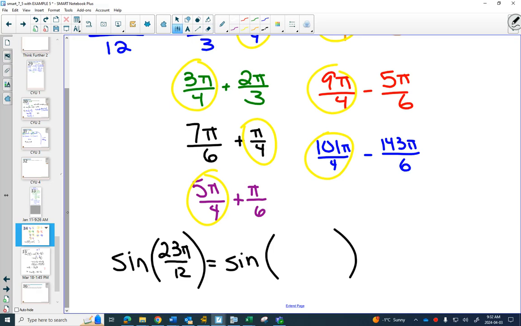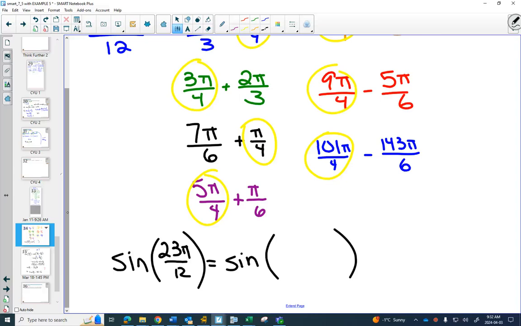So if I had 23 pi over 12, sometimes I tell students, try to pick a pi over 4 that's close to 23. Which one do you want to try? Pi over 4, 3 pi over 4, 5 pi over 4, 7 pi over 4. Pick one. And it doesn't matter. All of them are going to work.